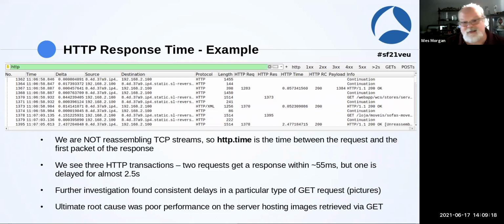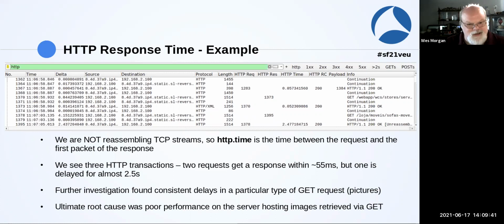And in this case, ultimately, we found the root cause was poor performance on the server that was hosting those images. Because behind the scenes, the HTTP server was having to go to a remote storage service to get those pictures.